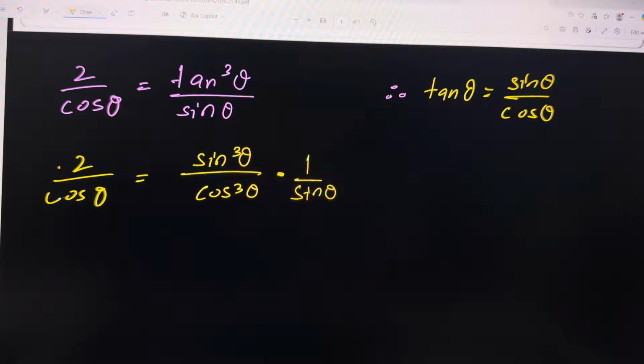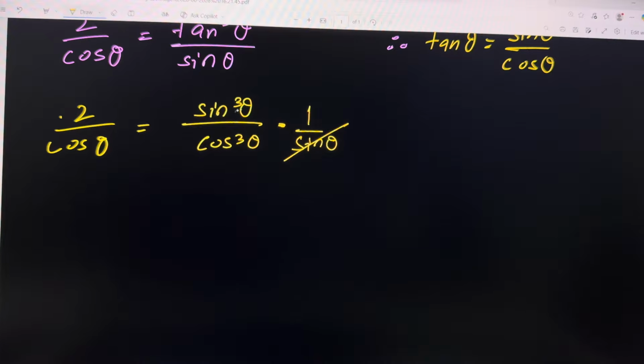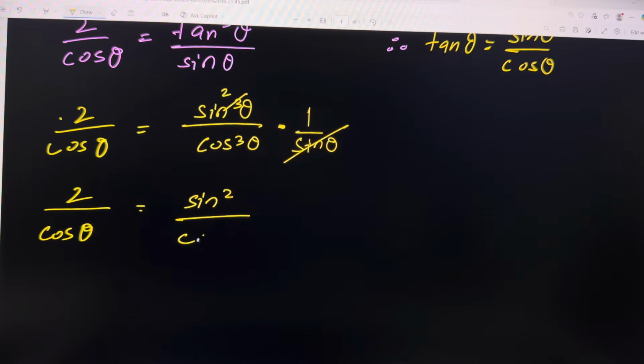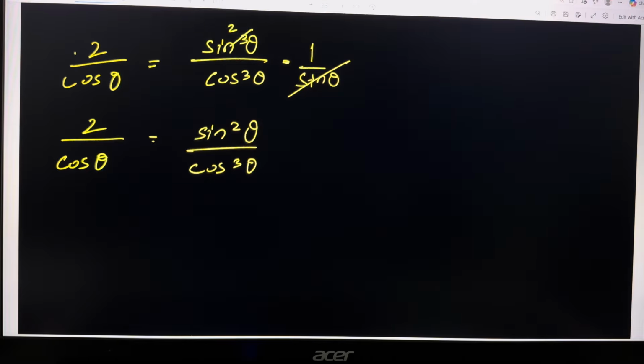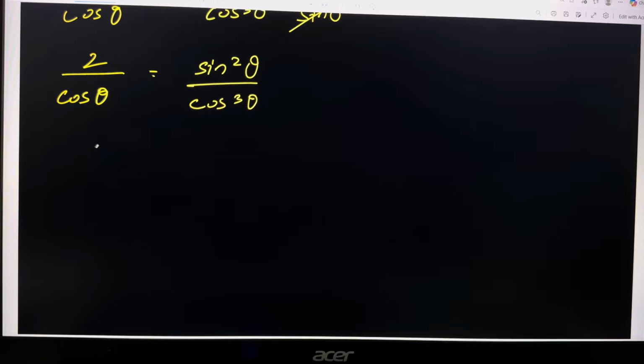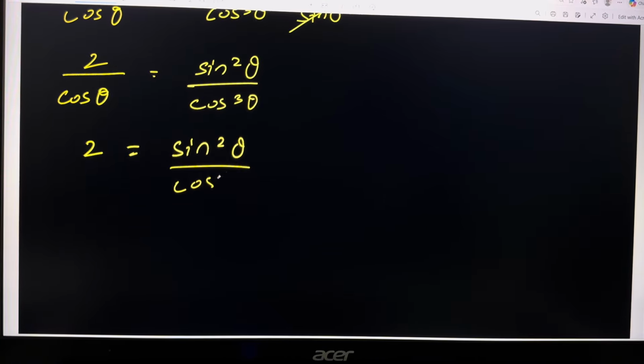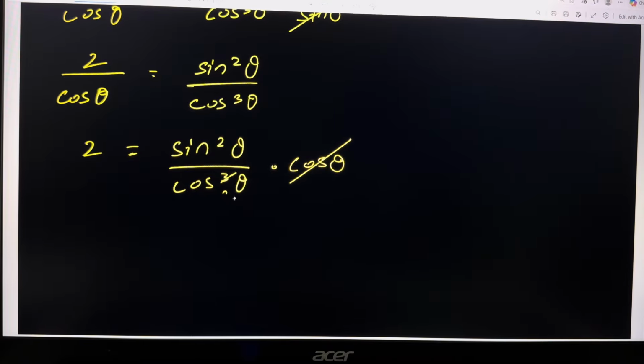Now we can cancel this with this, it just becomes sine square theta. So 2 upon cos theta is equal to sine square theta upon cos cube theta. We can take the cos theta to the other side, so this becomes 2 is equal to sine square theta upon cos cube theta times cos theta. Again, this cancels and becomes squared, so we're left with this.